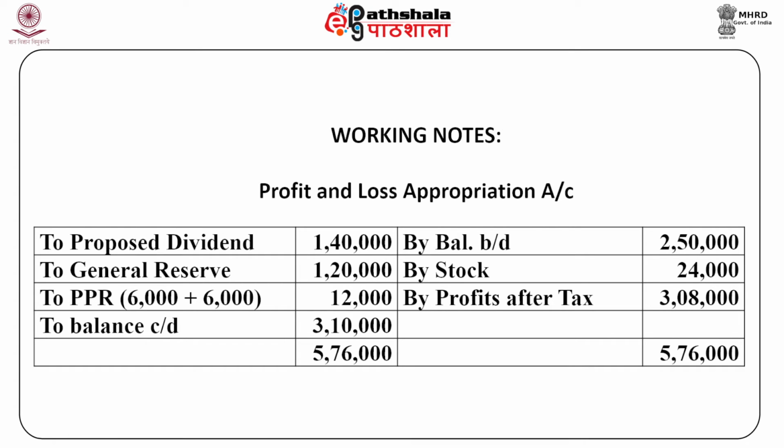To PPR, 6,000 plus 6,000 is 12,000. And the balance carried down is 3,10,000. On the right hand side, to the balance brought down, we add by stock 24,000, by profit after tax 3,08,000. The total of both the sides comes to 5,76,000.